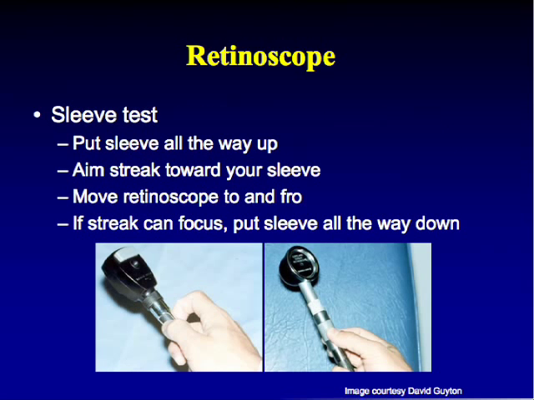So if it's a new retinoscope that you're not familiar with, you can do what I call the sleeve test, which is aim it at your sleeve and then push the sleeve all the way up, see if you can focus the light, push the sleeve all the way down, see if you can focus the light, and if you can focus the light, then that's not what you want. You want it to where you can't get it into focus, and that's where you position the sleeve for retinoscopy.